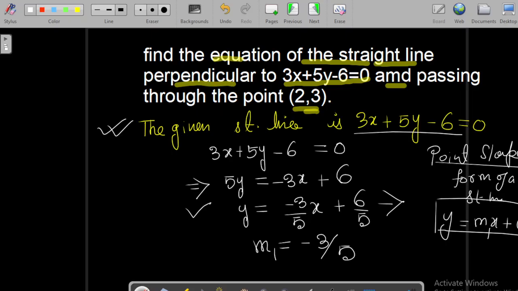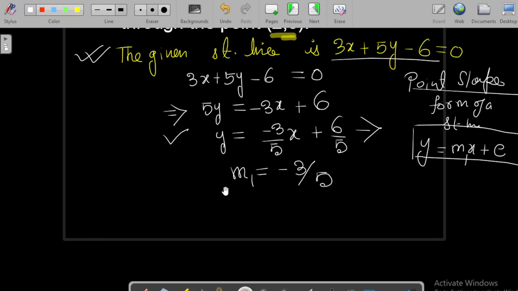Now we have found the slope of the given straight line, and we are going to find the slope of the straight line perpendicular to it. Let us name this straight line equation 1.